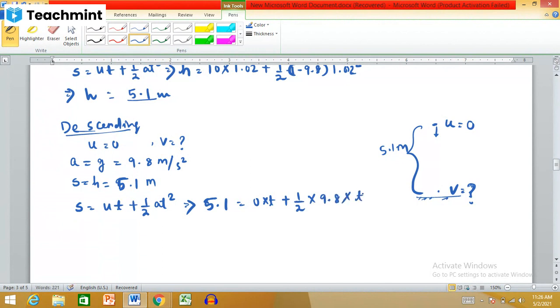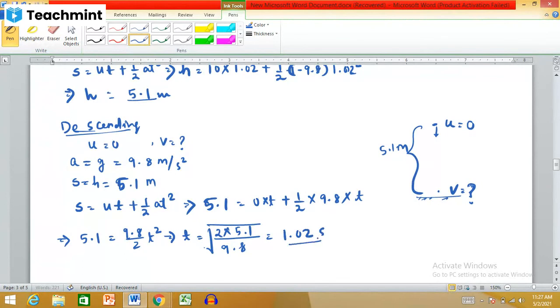We will calculate. So 5.1 equals 9.8 by 2 t square. t is equal to the square root of 2 into 5.1 by 9.8. So again by solving we will get approximately the same value.